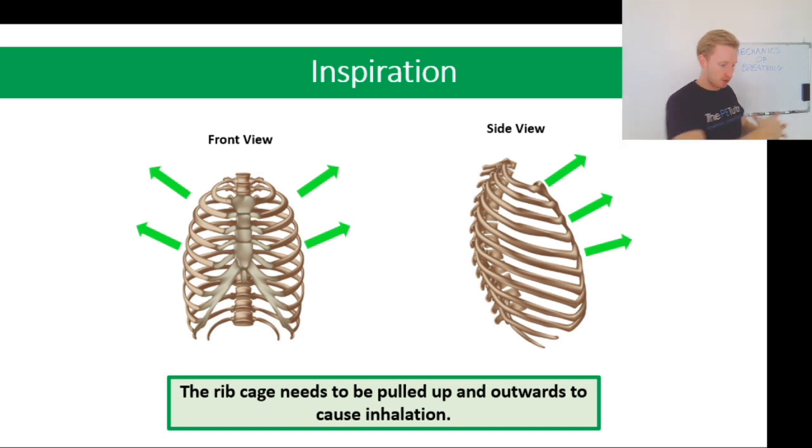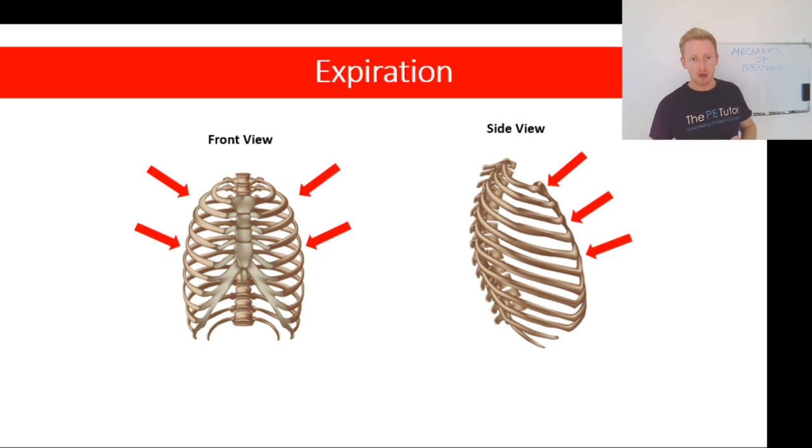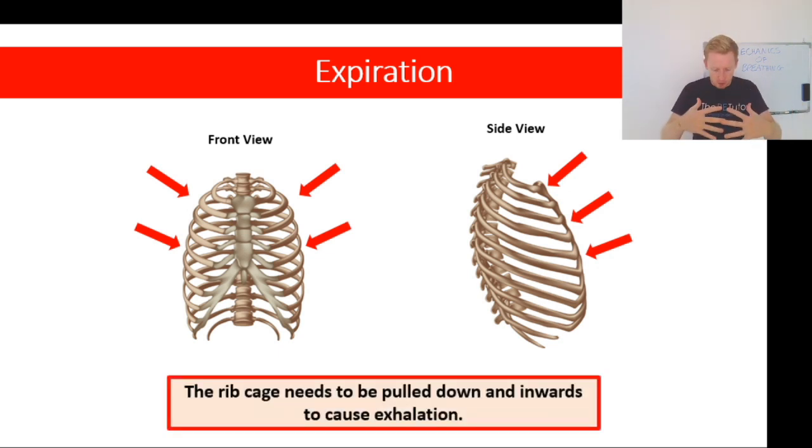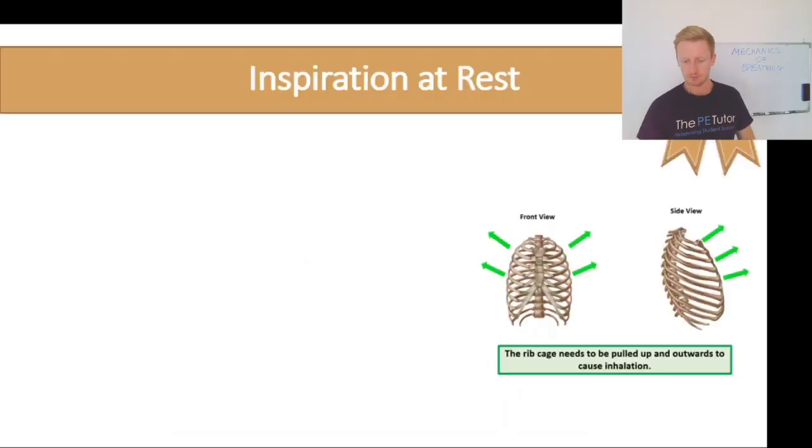So if muscles can pull on the bone, the bone can then pull on the lungs because the lungs are attached to the ribs. So the aim of the game is to move this rib cage. Expiration, like I just said, is downwards and inwards. So breathing in, we lift the rib cage up and out. To exhale, we drop it downwards and pull it inwards.